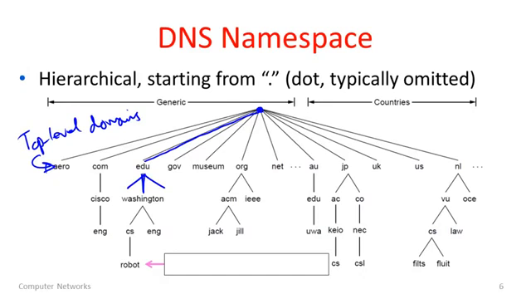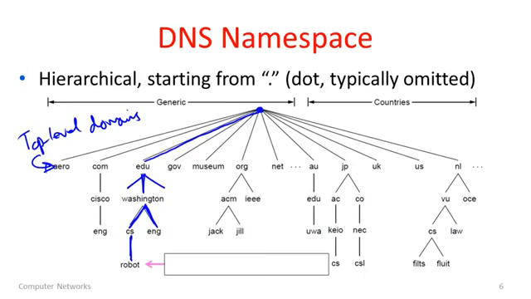And we can continue this for as many different layers as we'd like. Under Washington.edu, the namespace here just happens to be distributed into a couple of branches shown here. One for the CS, that's the Computer Science Department, another one for Eng, the School of Engineering, and there would be many other different branches in any university, of course. And within CS, I've just shown one branch here for a particular computer called Robot.